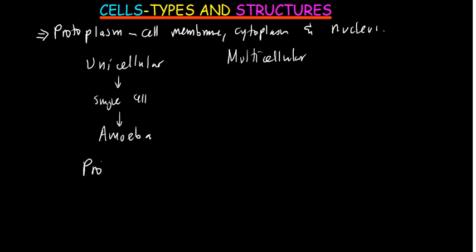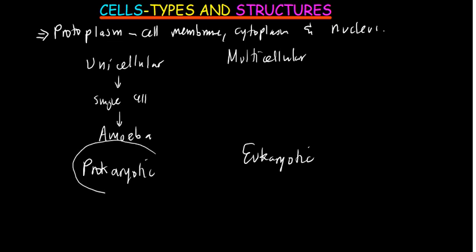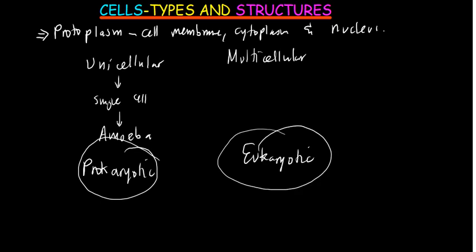All right. So now again on the types of cells, cells can either be prokaryotic or eukaryotic. That is also another classification. Prokaryotic cells are the oldest cells. These cells existed before eukaryotic cells, and eukaryotic cells are believed to have come from prokaryotic cells.